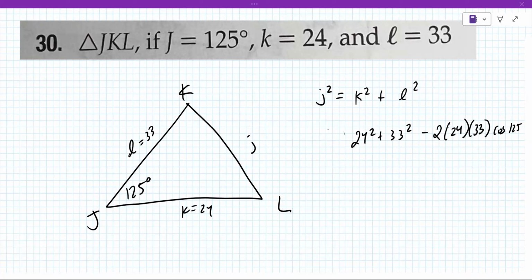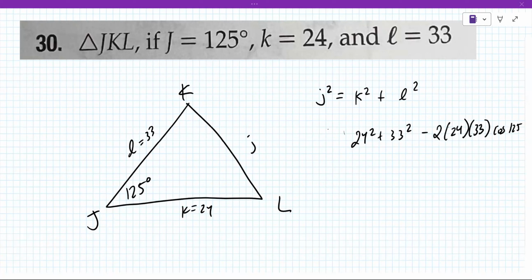Yeah, this one works. Okay. I got 2,573. Good.